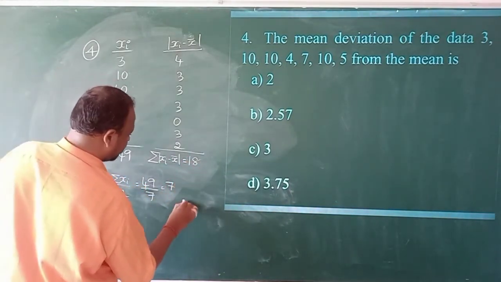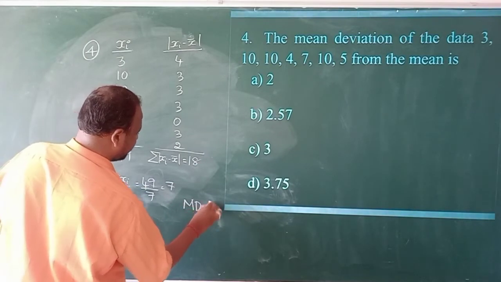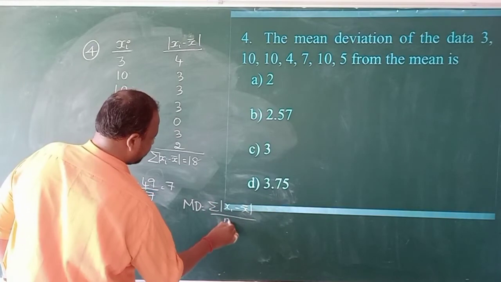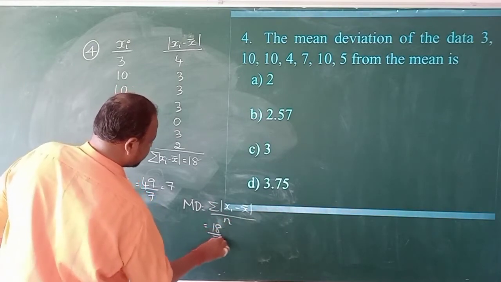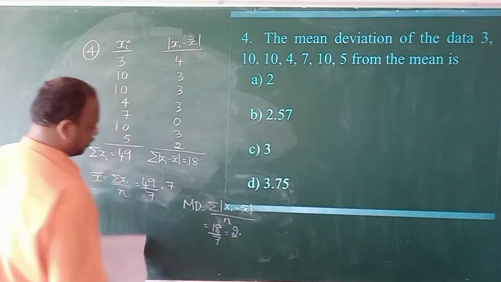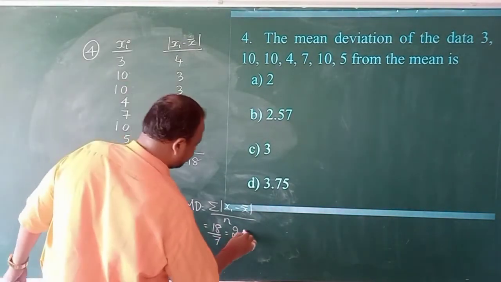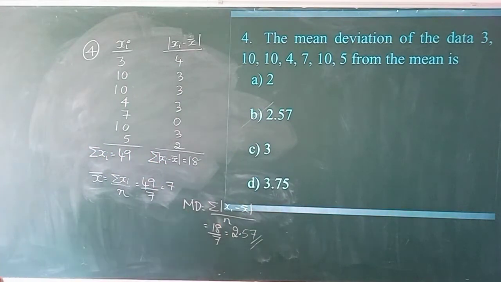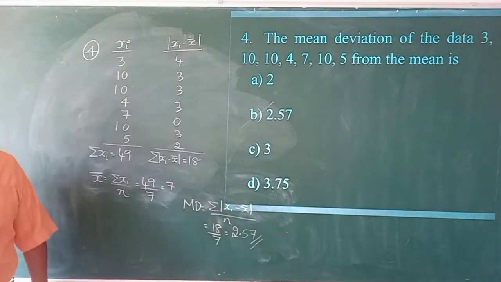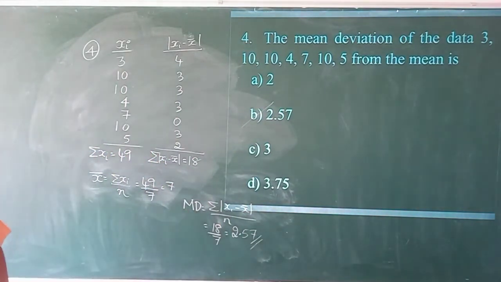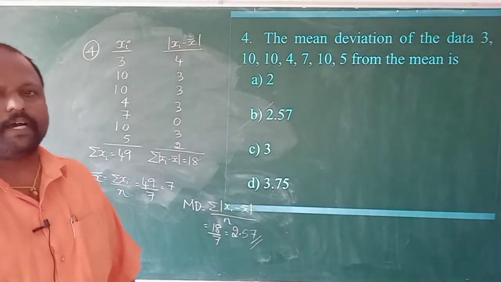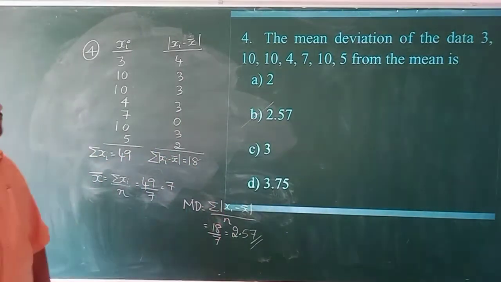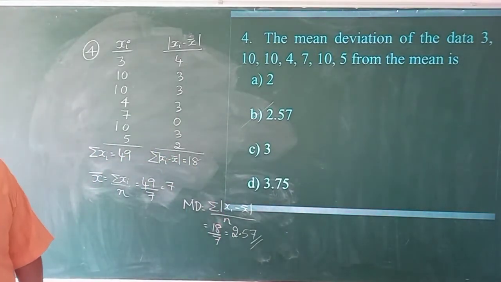So therefore mean deviation about the mean is sigma xi minus x bar divided by n, 18 divided by 7. That will be 2.57. Option B is the answer. Mean deviation about the mean is very easy for ungrouped data, which contains a series of observations.